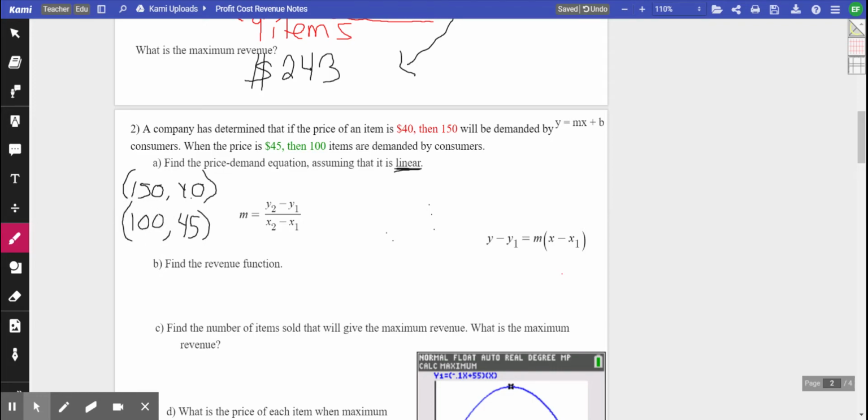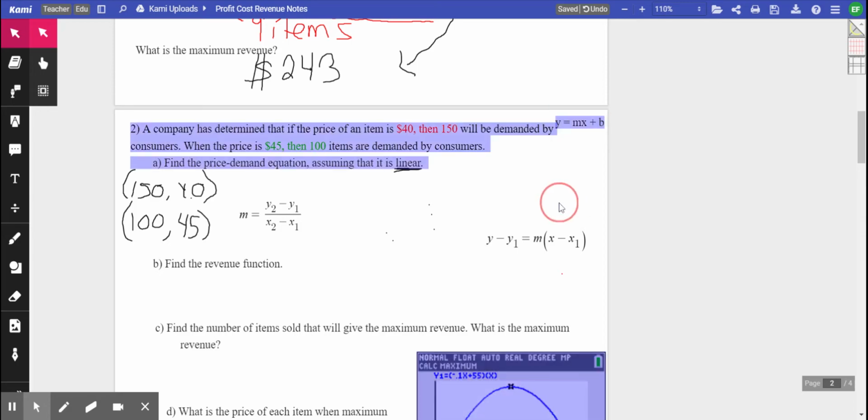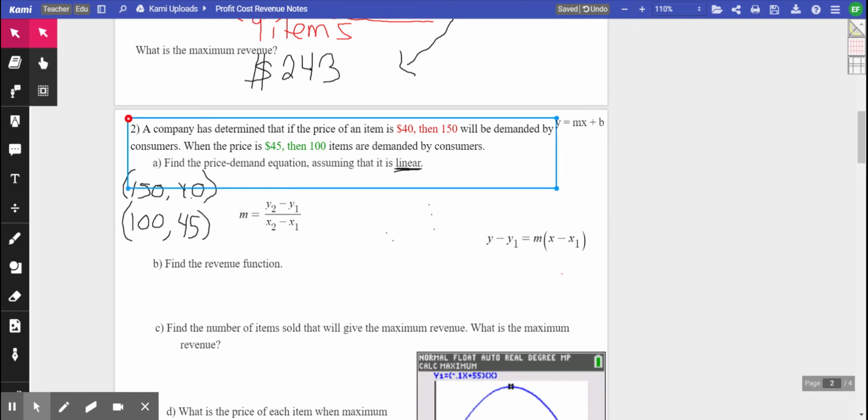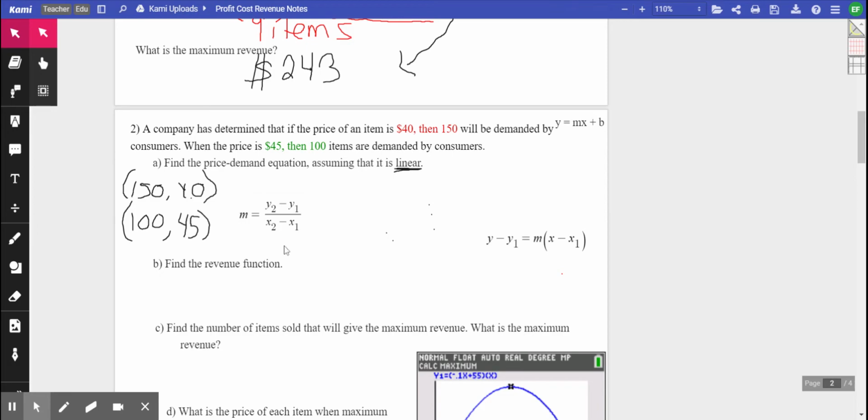So regardless of how we choose to write our equation from here, and we'll talk about the difference between slope-intercept form and point-slope form in a minute, regardless, we need to figure out our slope. So I give you the slope formula here. I give you that little Algebra 1 reminder that slope is a change in y over the change in x. So I'm just going to take those two data points that I have here, plug that into my slope formula.